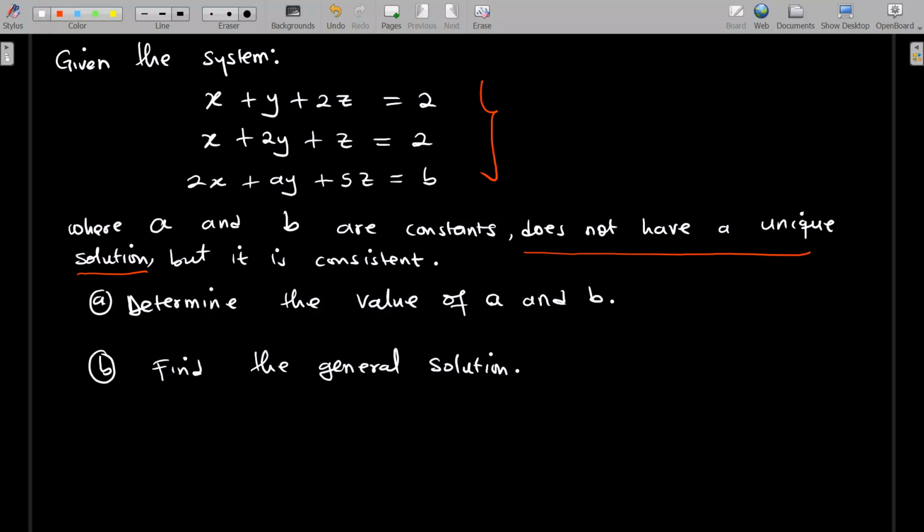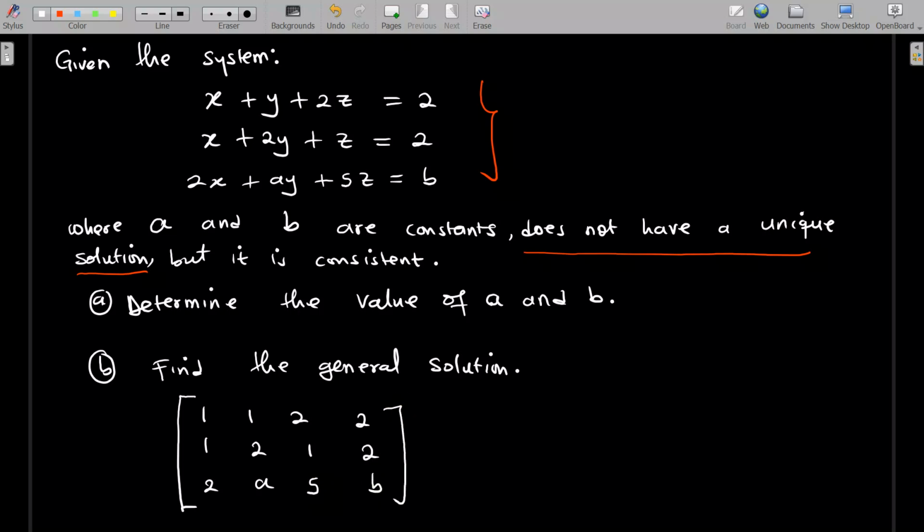The first thing I'm going to do is write the augmented matrix from this system. I have 1 2 1 here, I have another 2 here, 2 a 5, and I have another b here.